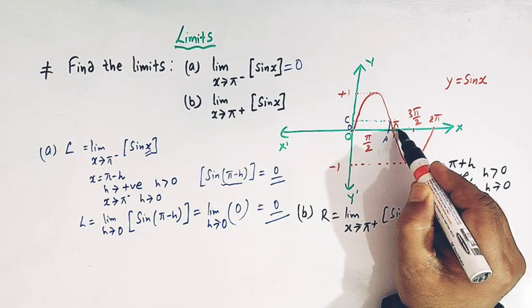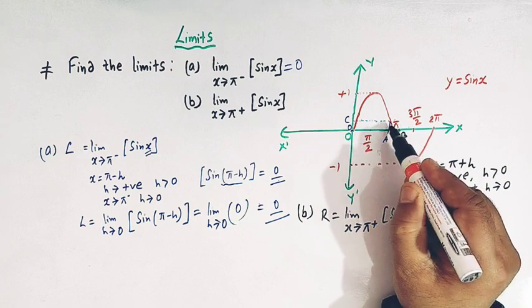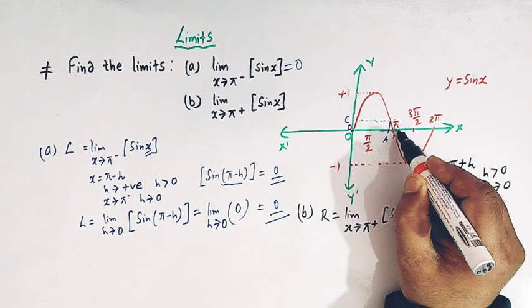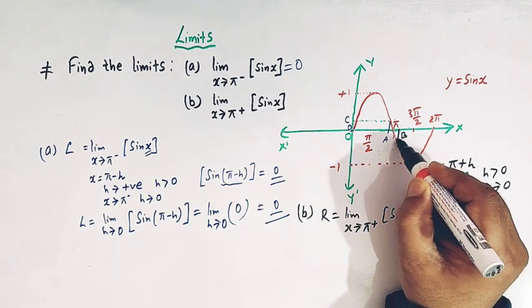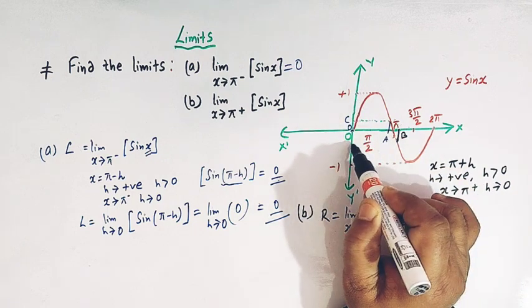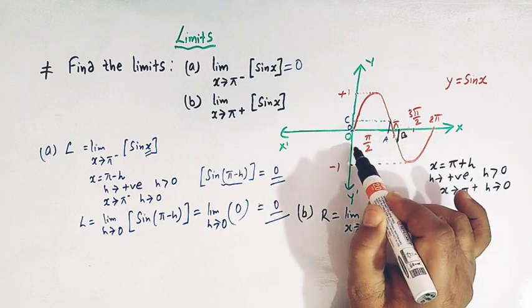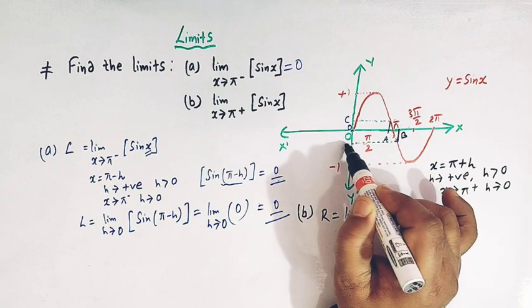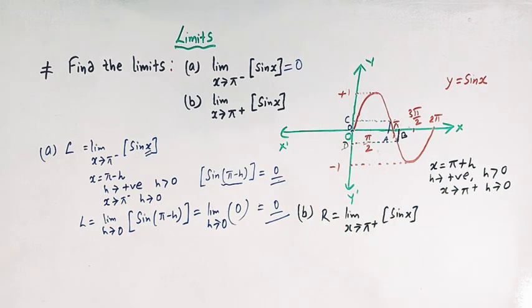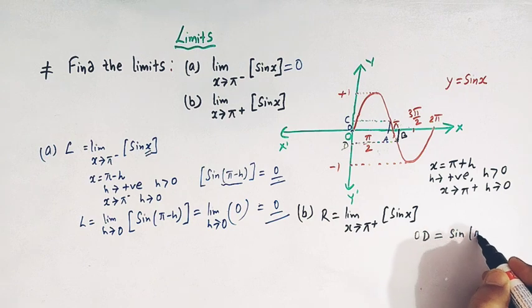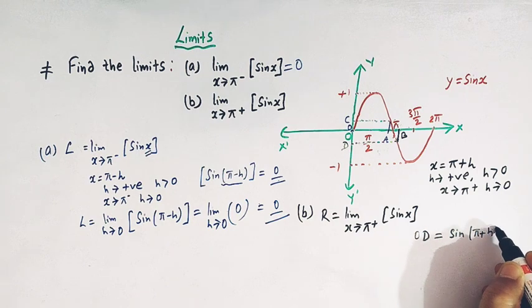Now if we draw a line parallel to the y-axis as we have done in the first case, then we'll have a line like this, right? Now if we take a line parallel to the x-axis like this, then say this point is D, right? So OD now represents the value of sine(pi plus h).